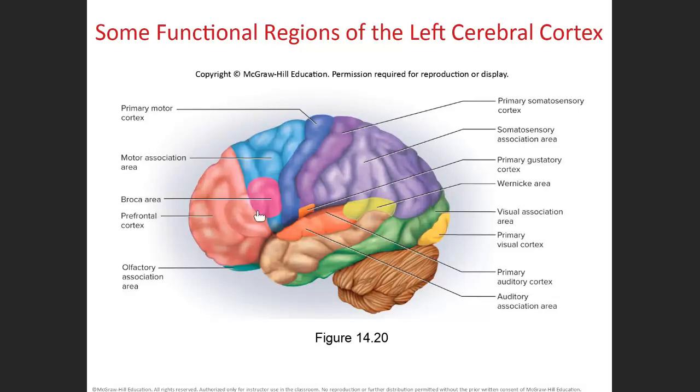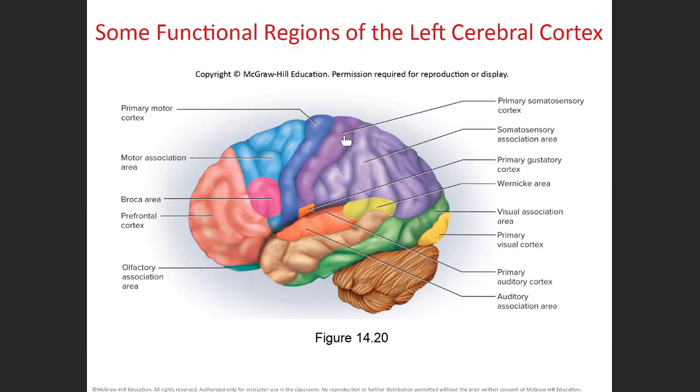Here's just the brain again, and it's color-coded, so we're able to see some of these important areas. We've got our primary motor cortex here, which, remember, is located in the precentral gyrus. Just like we have a primary motor cortex, we also have a primary somatosensory cortex located in the postcentral gyrus.